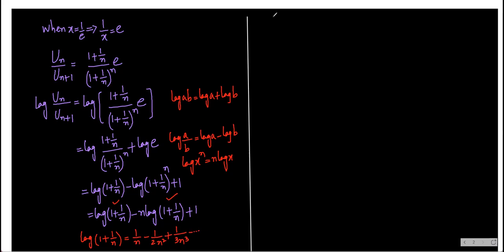So now our question becomes log of u_n by u_(n+1) value, which is equal to, using the first expansion, 1 by n minus 1 by 2n square plus 1 by 3n to the power of 3 minus and so on.